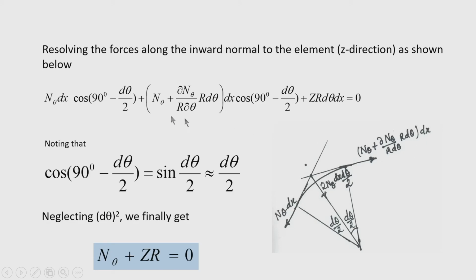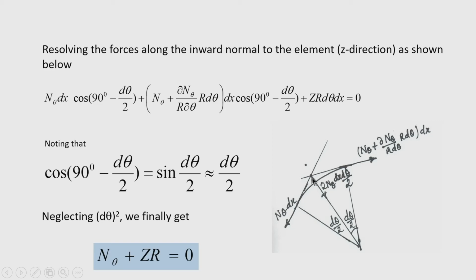Okay. Now, resolve the forces along the normal direction. If the total angle that is subtended by the element at the center is d theta, then the semi angle is d theta by 2. So, when we resolve the forces along the radial direction, suppose this angle is d theta by 2 and this is your 90 degree. So, this angle will be 90 minus d theta by 2.